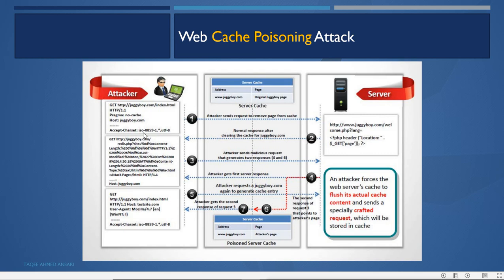For doing this, we have to intercept the request which is going to the server, and for that we use different tools like ZAP proxy, or we can use Burp Suite. So capture these requests in the background, and then we can modify these requests like this so that they can poison the cache of the server.